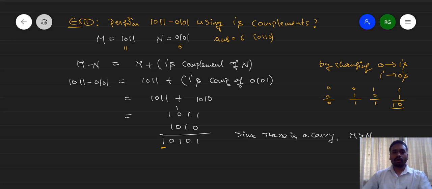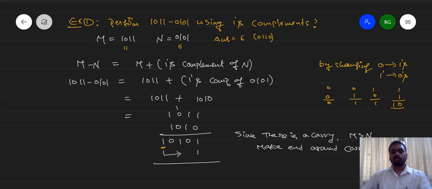If we have no carry, the meaning is that m is less than n. What do we do if there is a carry? Make end around carry. That is, add the carry to the sum again.